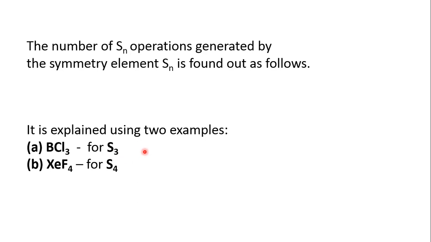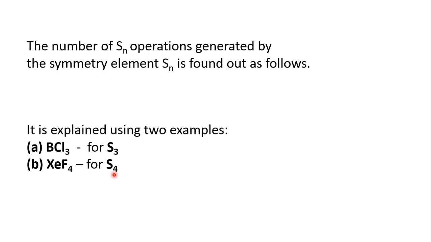odd. We are going to perform the various operations of S3 and find out how many operations are generated by S3. After that, we will take the example of XeF4, for which we have S4 as the improper axis, and perform the operations generated by S4 and find out how many operations are generated by S4.